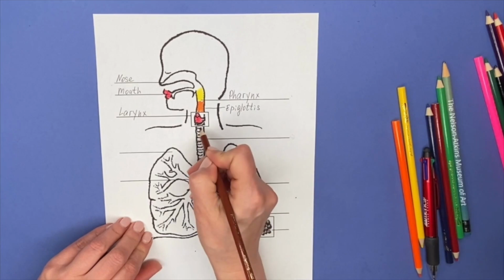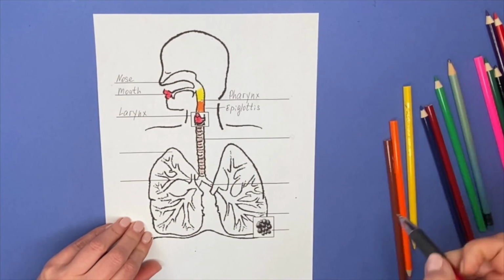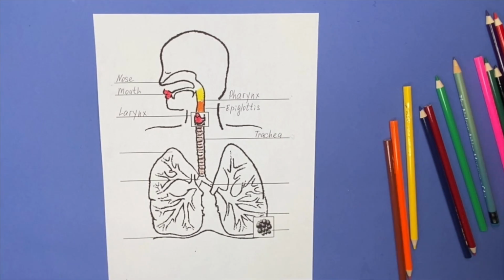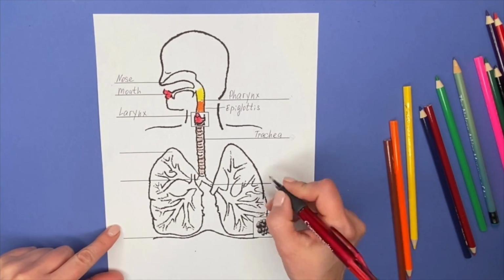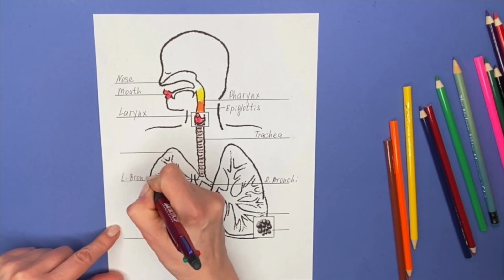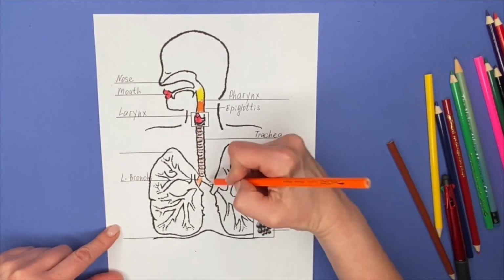From there, air moves into your larynx, a part of the air passage where your vocal cords are located. The air then moves into the trachea, which is lined with cartilage to keep it firm and ensure it does not collapse.